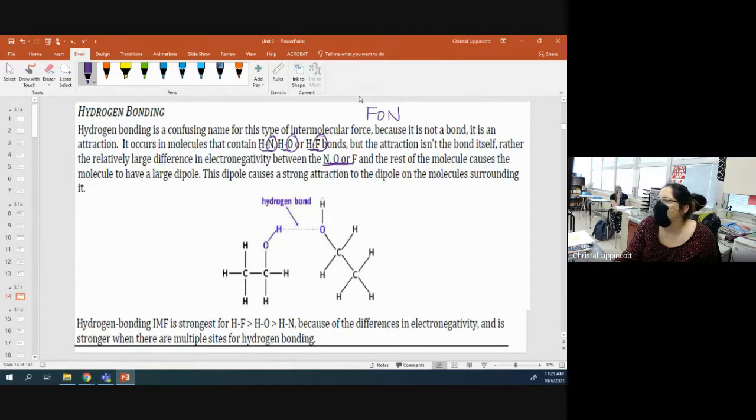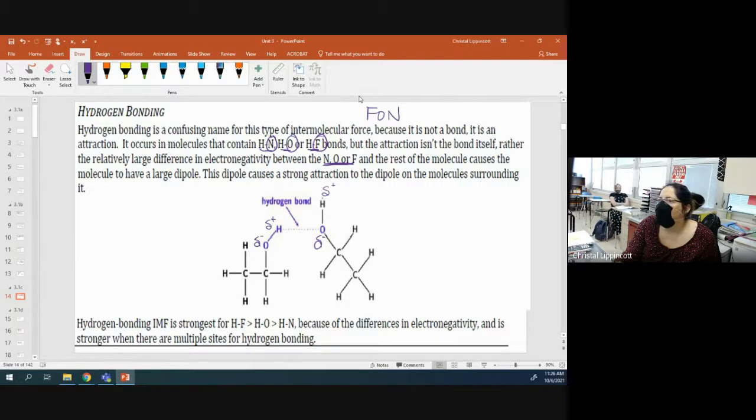When that happens, this end ends up being positive, and this ends up being negative. Another molecule comes along, has the same situation. This ends up being negative, and this ends up being positive. And they get attracted to one another. This oxygen with this hydrogen, this positive with this negative. They're attracted to one another. That attraction is called a hydrogen bond.